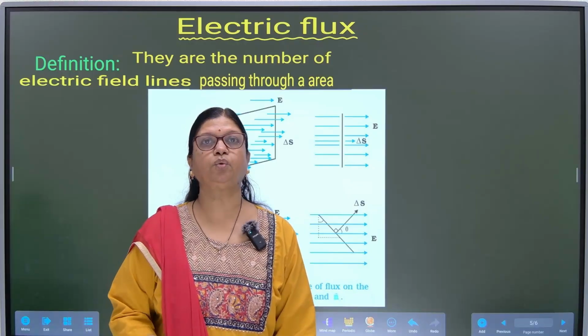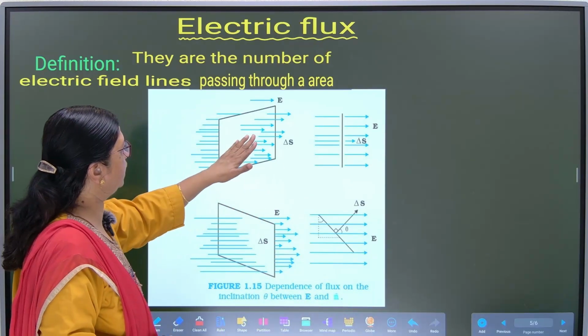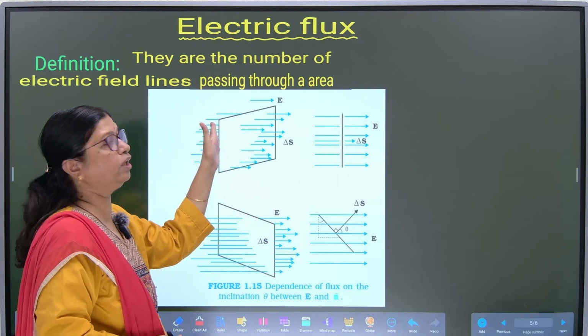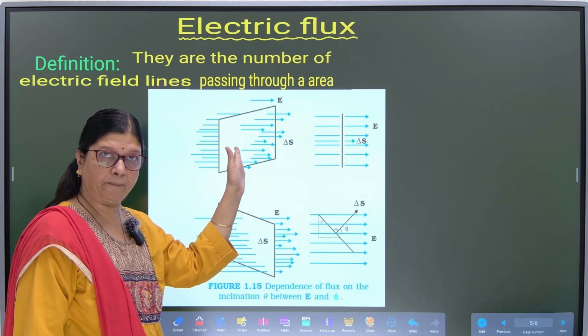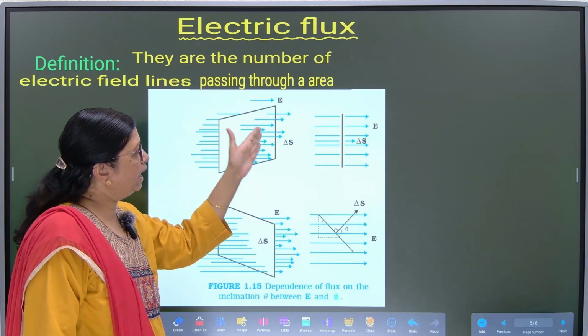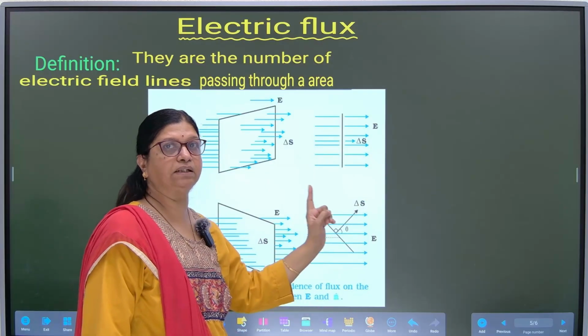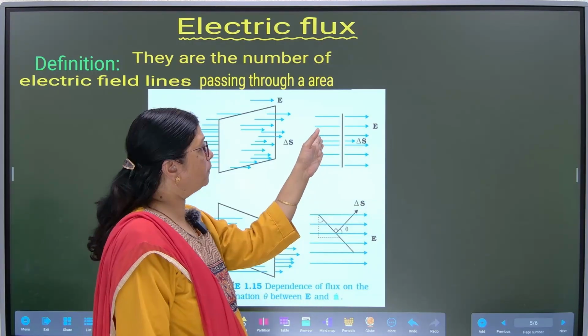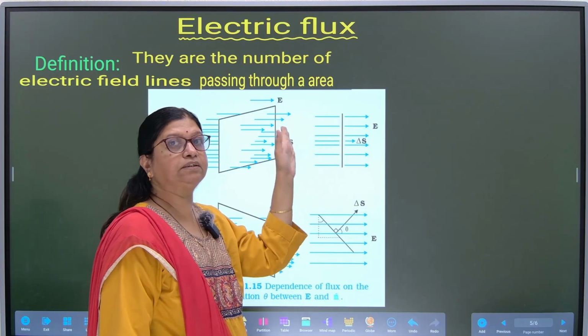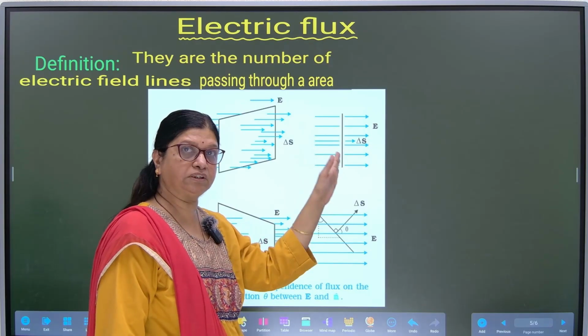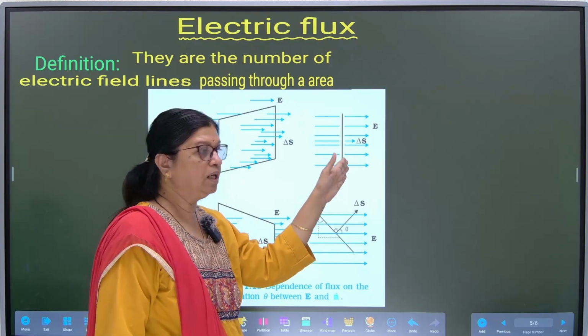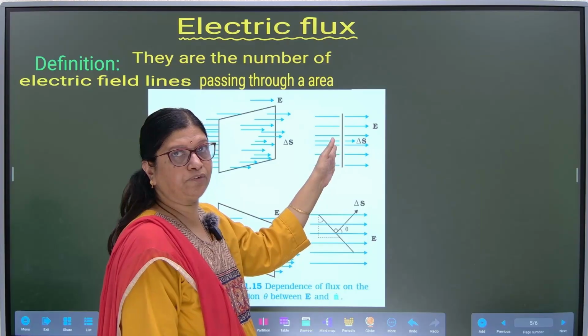Here you can see a surface which is perpendicular to the electric field. We have the electric field lines in this direction, and we have placed the surface area, part of the surface which we are considering, perpendicular to the electric field.